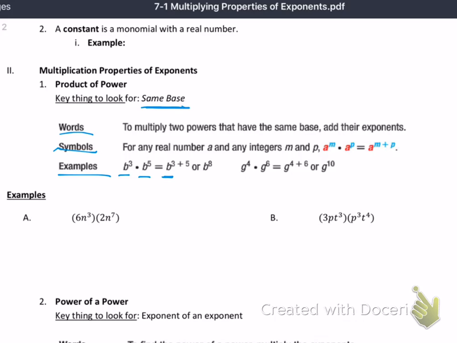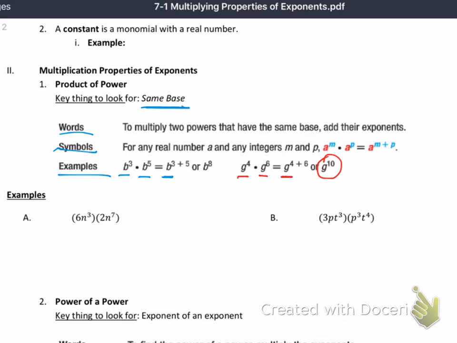In this other example, you have g to the 4th times g to the 6th power, and since they have the same base, you just add the exponents, 4 plus 6, which ends up with g to the 10th. Again, this only works for multiplication.